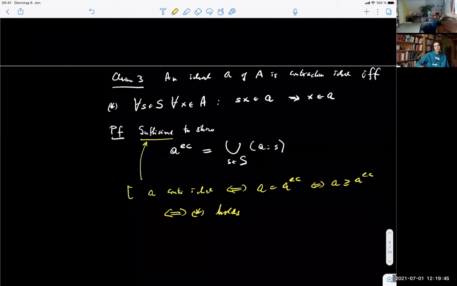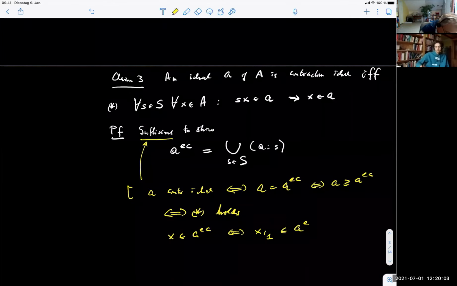What does it mean to have an element X in A extended contracted? I think it means that X over 1 is in A extended.